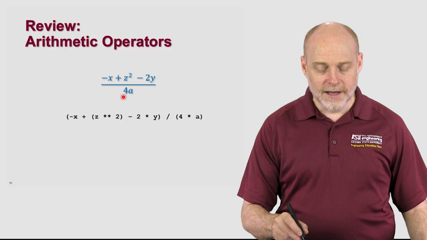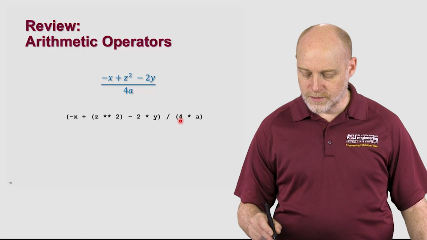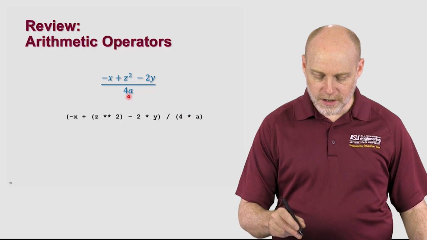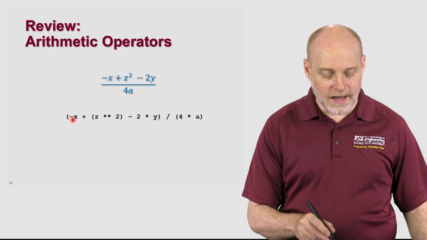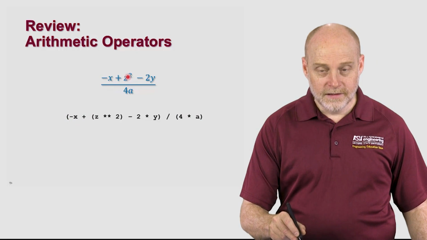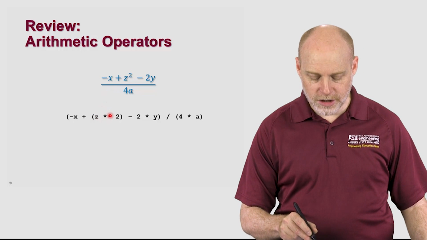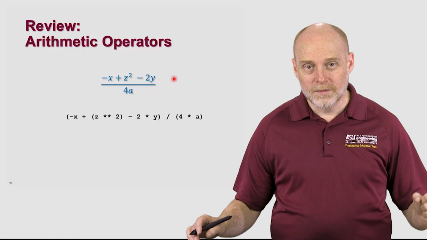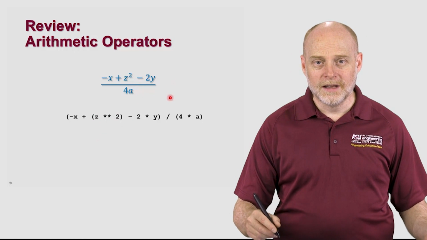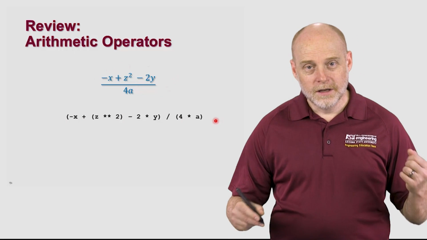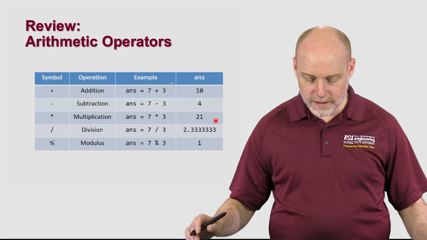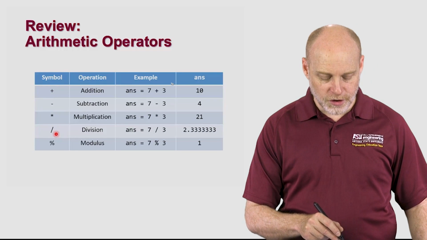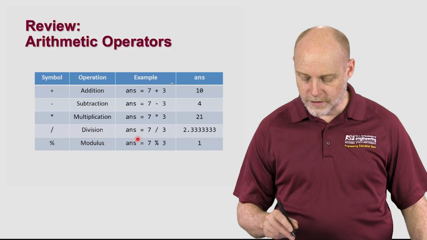The bottom half, in this case algebraically 4a, we would just express as 4 times a using the asterisk, which is the multiplication operator. Negative x, we can use the negation operator on x, plus z squared, we can use the exponentiation operator, z star star 2, and so on. And it's always possible to convert or represent any algebraic expression in this form using the operators of a programming language. The basic operator set: addition, subtraction, multiplication, division, and modulus, which is also called the remainder operator.